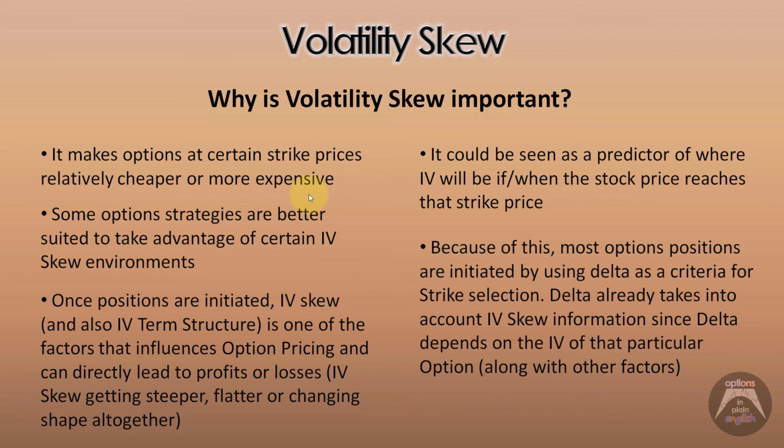We've already started combining long options, short options, calls and puts, and also stock and short stock, and at this point, we have considered the strike price as being somewhat independent of the environment where this strike price is being analyzed. It really isn't the case, because what we should be considering is delta.